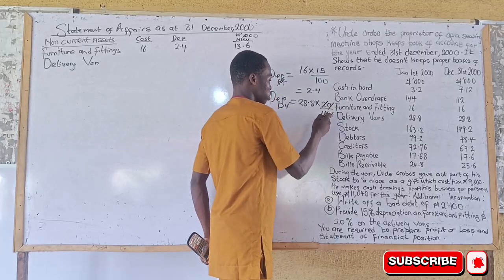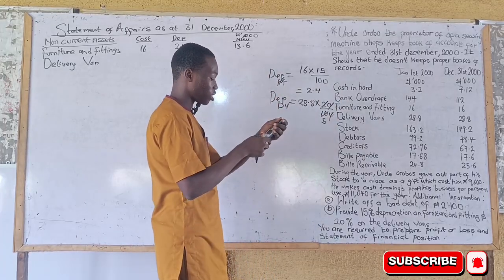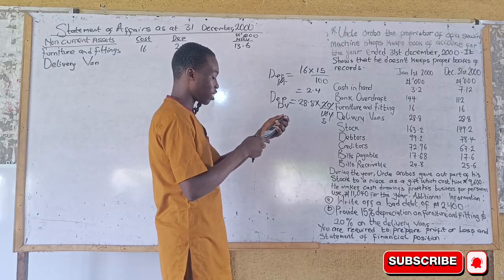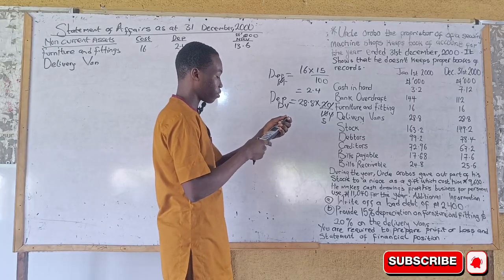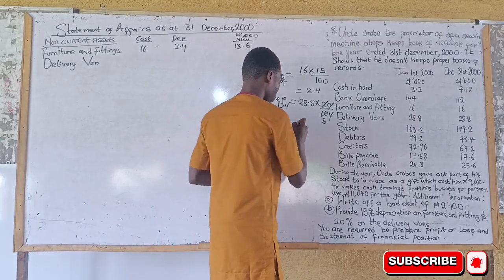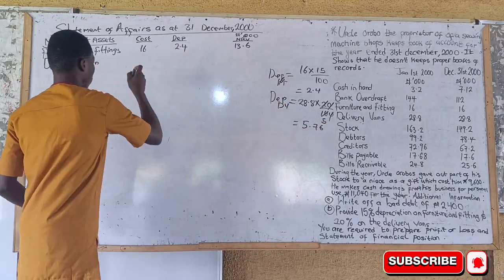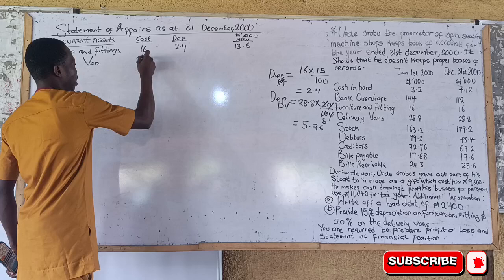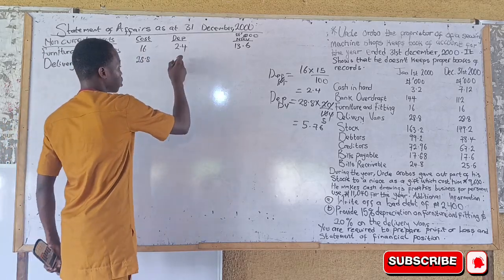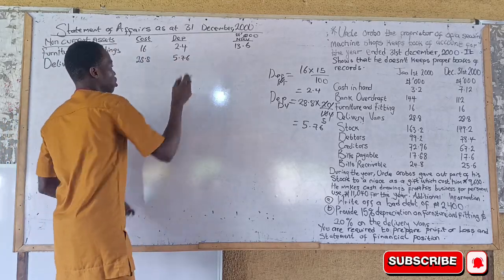So this can go here. This is 1 over 5. It's going to be 28.8 divided by 5, which is 5.76. So the cost is 28.8, depreciation is 5.76.